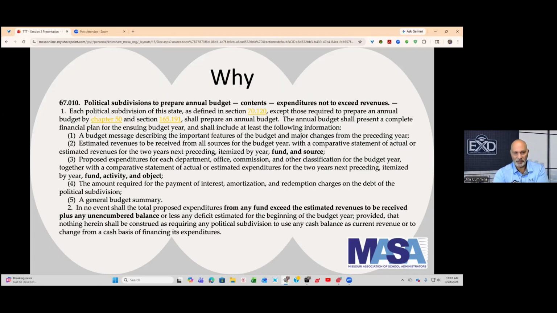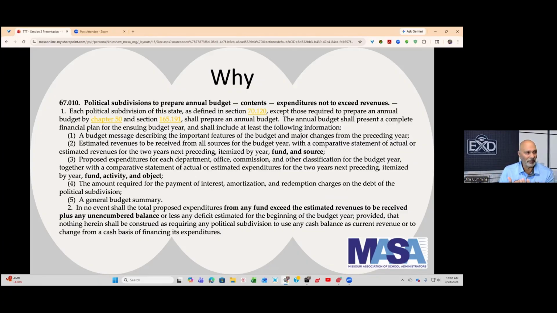So part of the reason we talk about this, as we're building towards the budget, is this is the statute you can go back to, or you can go to the accounting manual, but these are the pieces of the budget that are required each year. And so part of that is understanding in item 2 there, sorting it by fund and source.